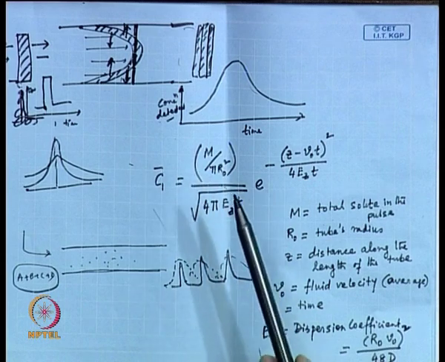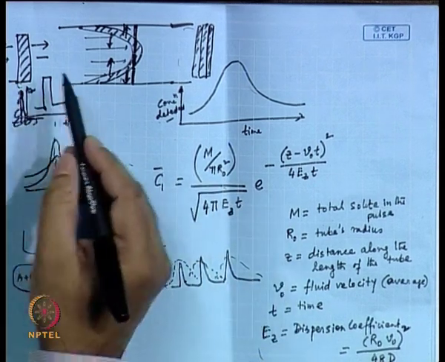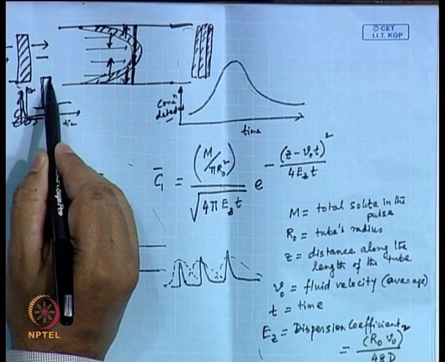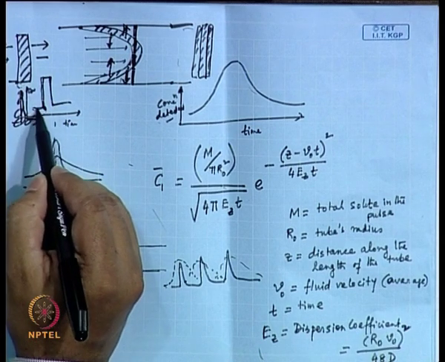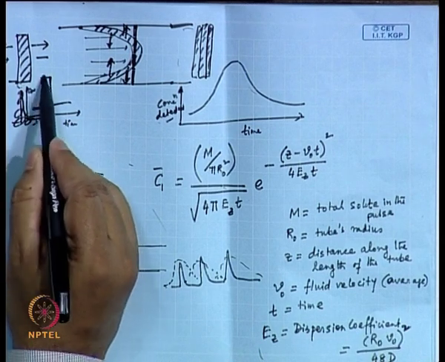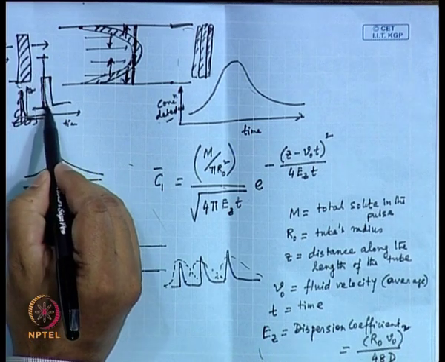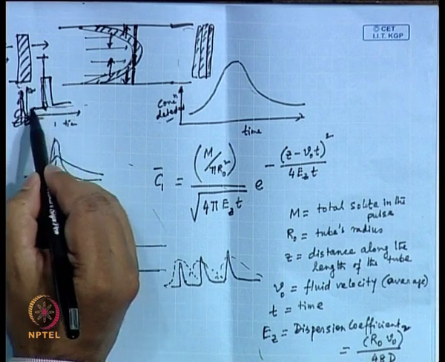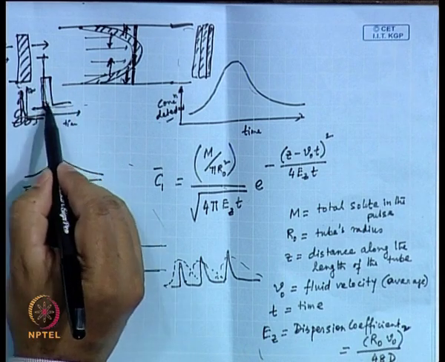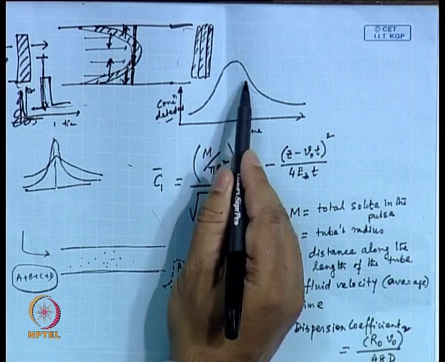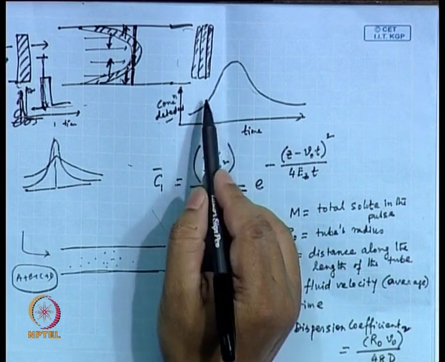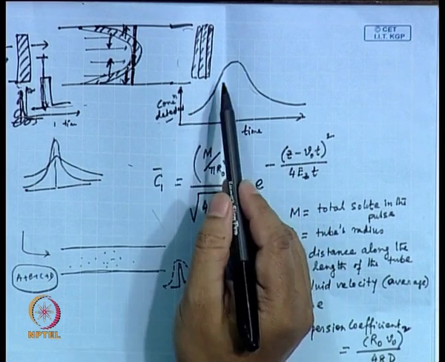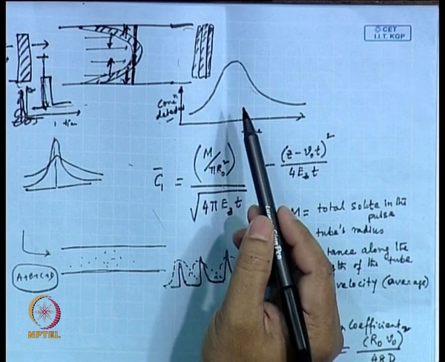What ideally you had expected is that you have introduced a pulse. Pulse is like this, or if you are looking at a Dirac function type pulse, then it would be a high value at 0, and at the rest of the places it is all 0. This is the type of pulse you are looking at, but at the outlet you are seeing a pulse which has a distribution, and this is what we are referring to as Taylor dispersion.